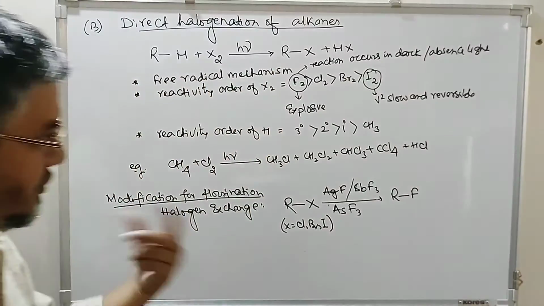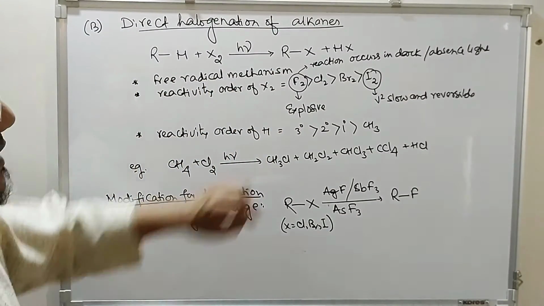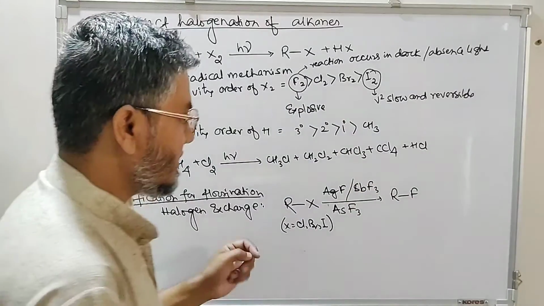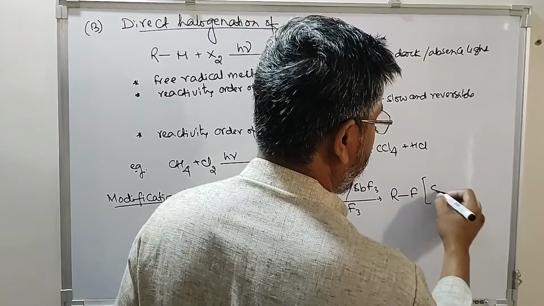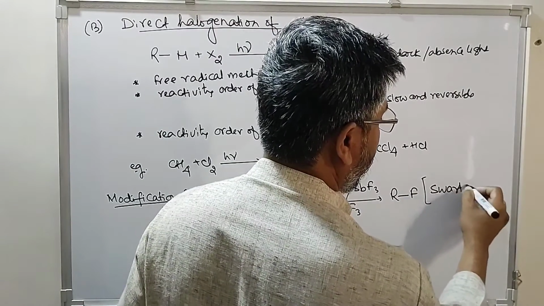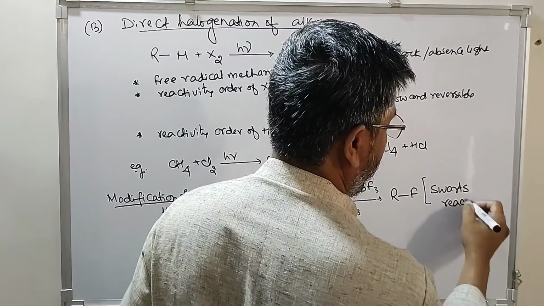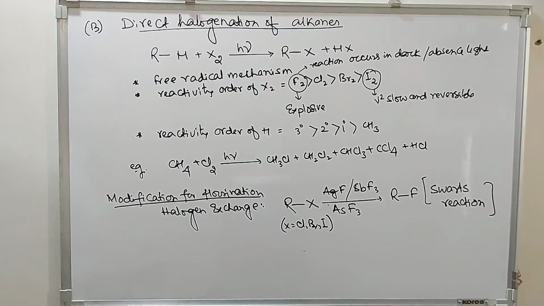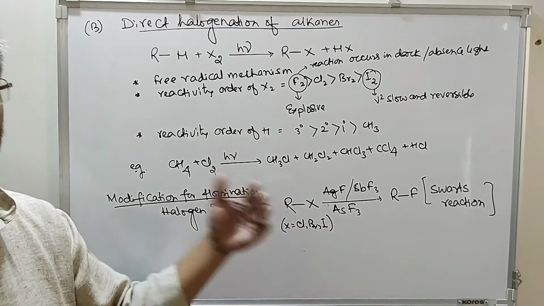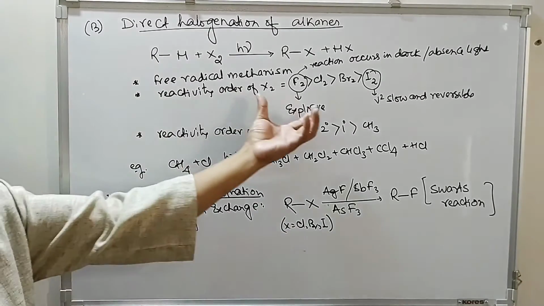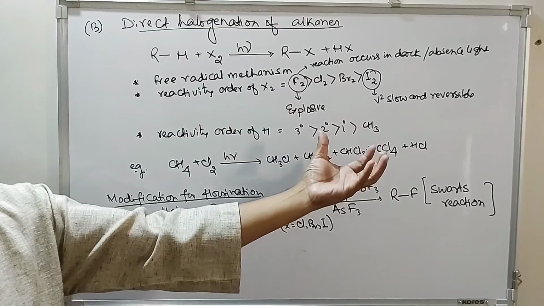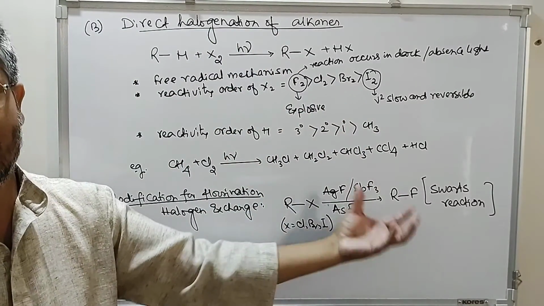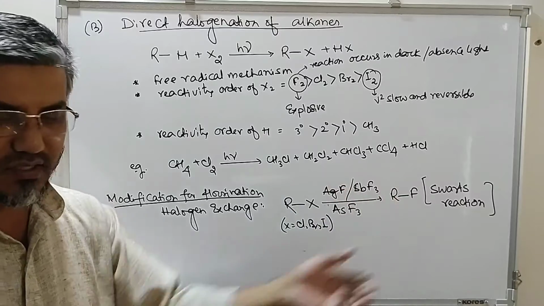This is what we call an exchange reaction. Means to avoid this explosion, we can carry out this halogen exchange method. This reaction is known as Swarts reaction. So by this Swarts reaction, we prepare alkyl fluorides, not by direct halogenation, because direct halogenation is very explosive in nature, highly exothermic. So to avoid this, we carry out this halogen exchange method, that is Swarts reaction.